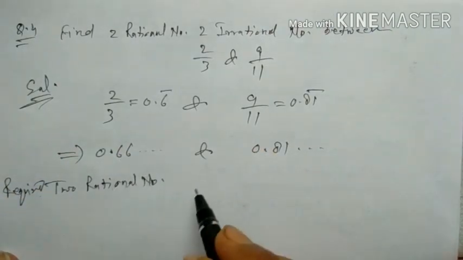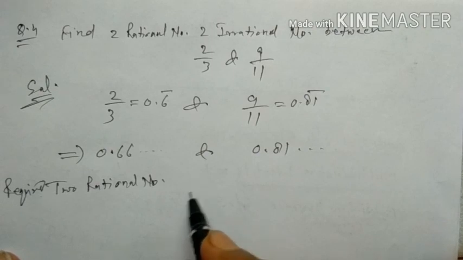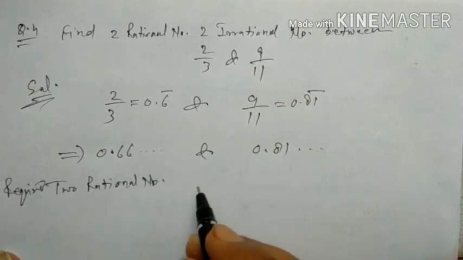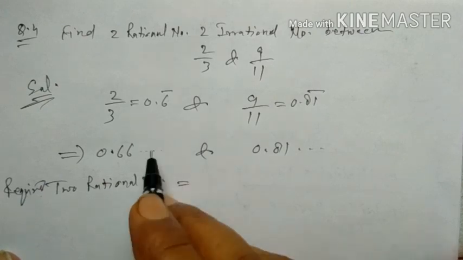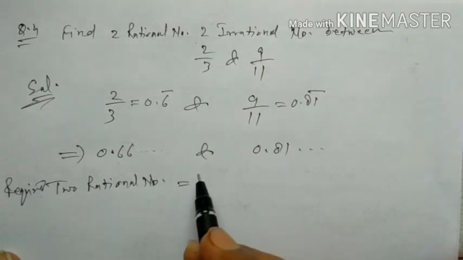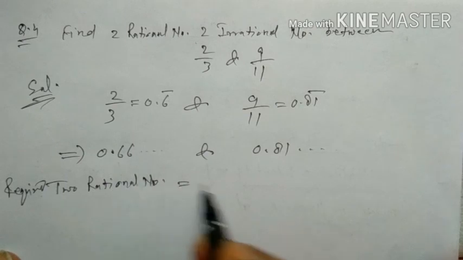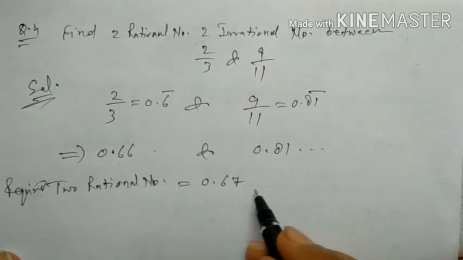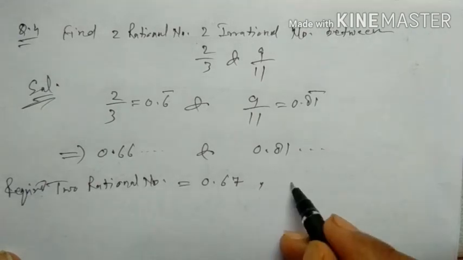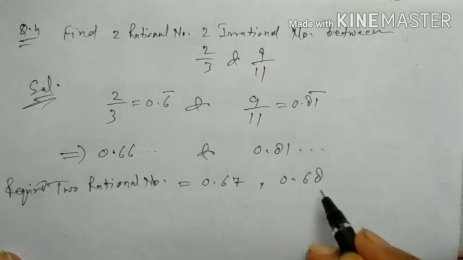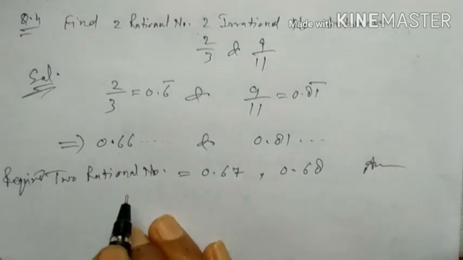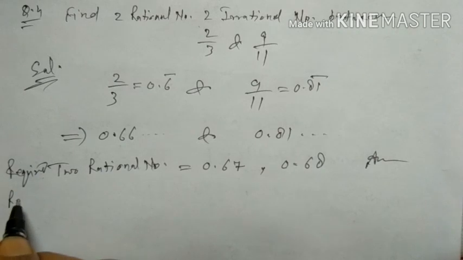So after 66 you have 67, 68, 69 and so many numbers. Your aim is to write two rational numbers, so you will write 0.67 and 0.68. So these are two rational numbers.